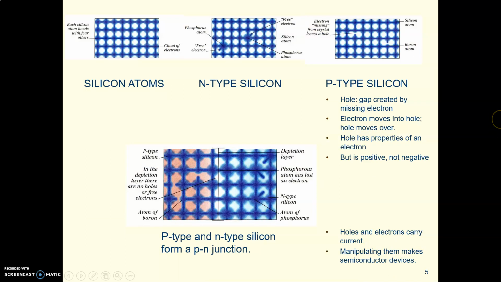So we have plain silicon, and then we put impurities in the silicon in a furnace, and we get N-type, negative with more electrons, or P-type, positive with more holes. Well, here's the thing. Electrons carry current, as you know, and holes carry current also.